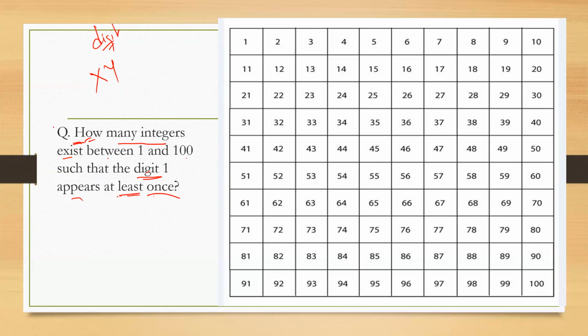So how many such integers are there between 1 and 100? You can go through this. Tell me, how many such numbers are there between 1 and 100 where the digit 1 appears?